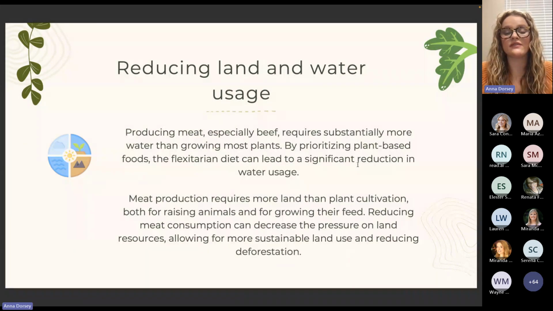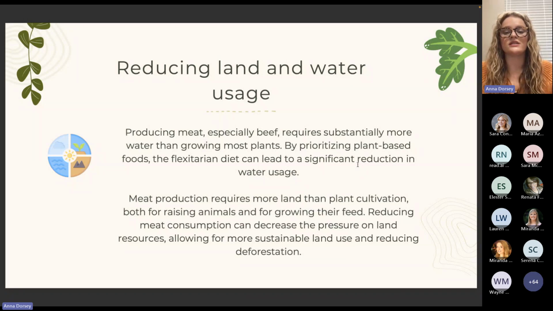The flexitarian diet is going to help reduce land and water usage. So with meat production, especially beef production, it's going to require a lot of water. Many people are not aware that the production of meat oftentimes requires more water than growing plants. And so when you prioritize fruits and vegetables in your diet, it's going to help lead to a significant reduction of water usage.